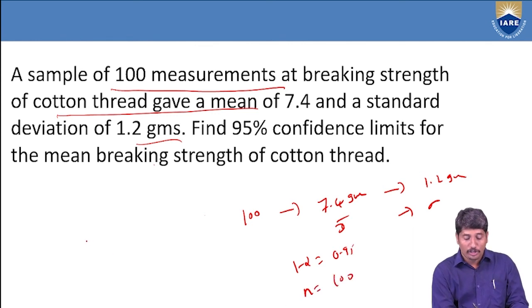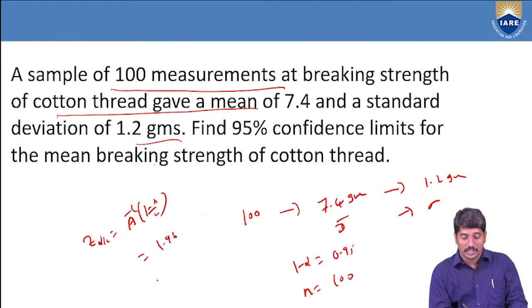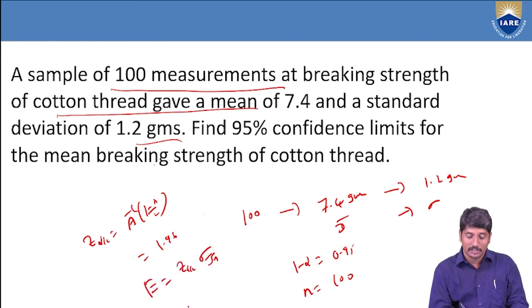First you will find z alpha by 2, the inverse of 1 minus alpha by 2. That will be 1.96. And then you will calculate E is equal to z alpha by 2 sigma by root n, that is 1.96 into sigma, that is 1.2, by root 100.